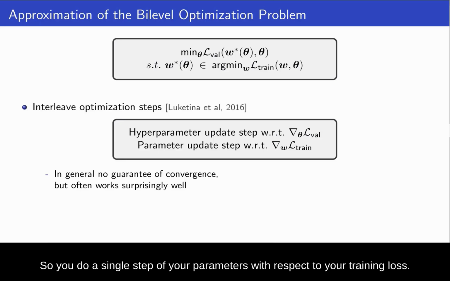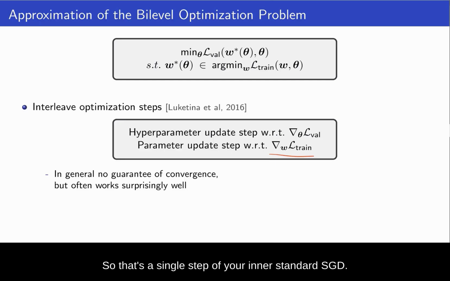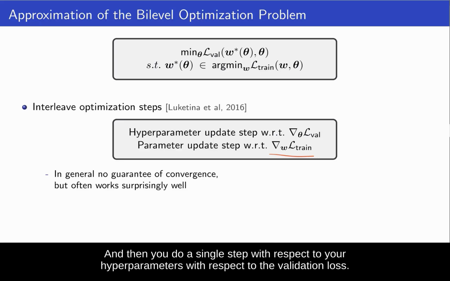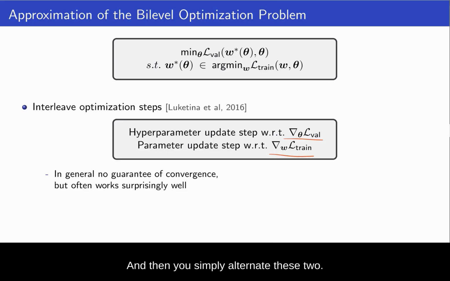So you do a single step of your parameters with respect to your training loss. That's a single step of your inner standard SGD. And then you do a single step with respect to your hyperparameters with respect to the validation loss. And then you simply alternate these two.